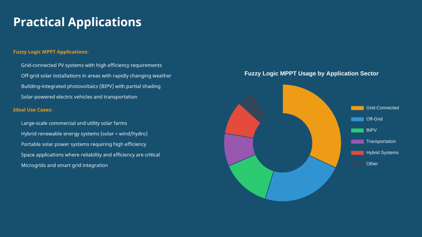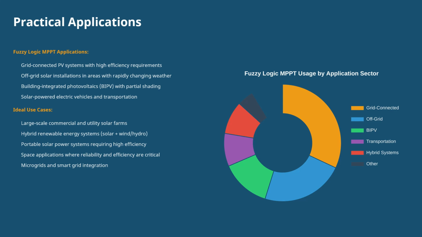Grid-connected PV systems where tracking accuracy improves ROI, or you can say rate of improvement. Off-grid systems in unstable environments, building integrated PV, known as BIPV, with complex shading profiles, electric vehicles where real-time optimization is crucial, space applications where the power system must be extremely efficient.